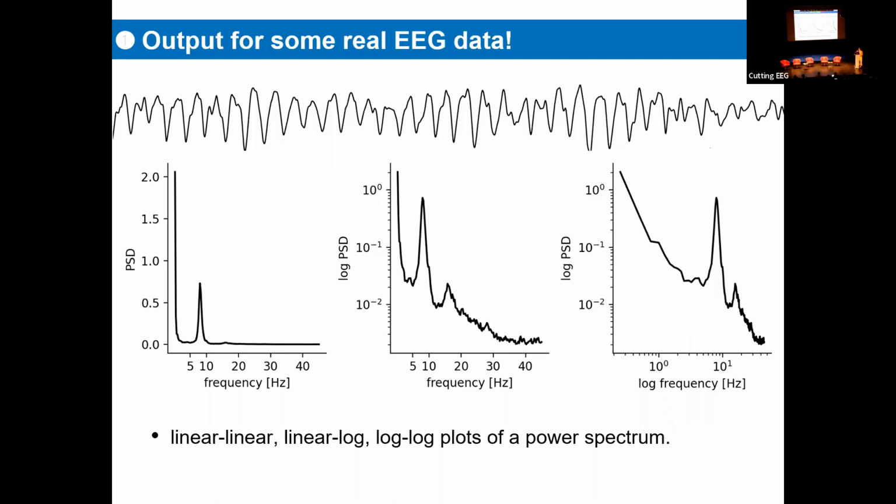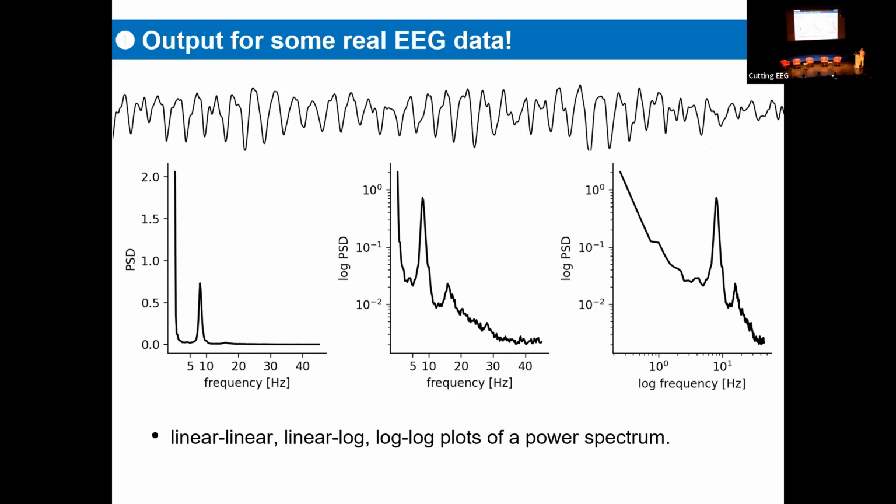So the raw values that you get from Welch's method may look like this. For every frequency, there's a data point that tells you how strong this sinusoid in this frequency band contributes to your signal.